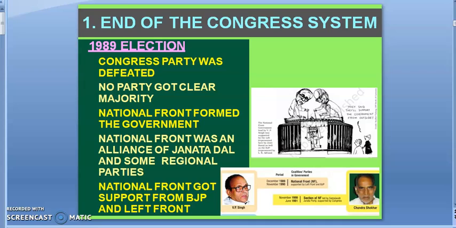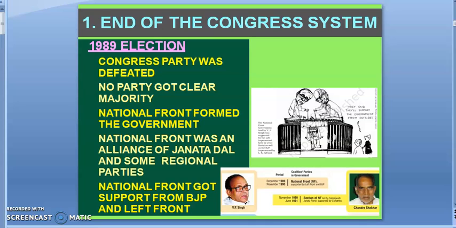and from here begins the era of coalition. In 1989, the National Front was formed. It was a coalition of many parties. This National Front formed the government in 1989.